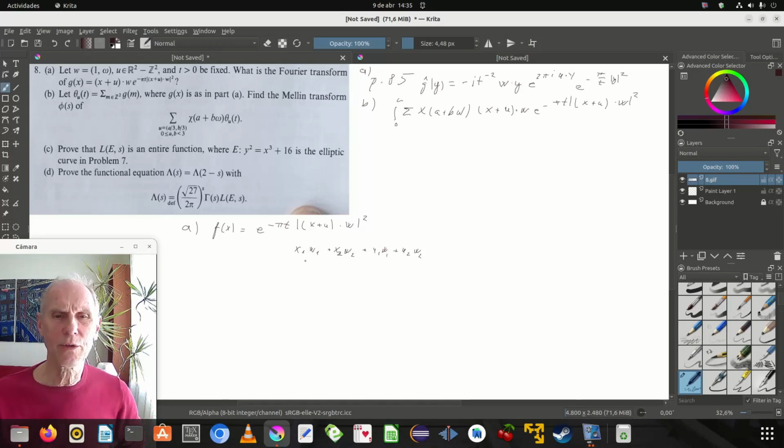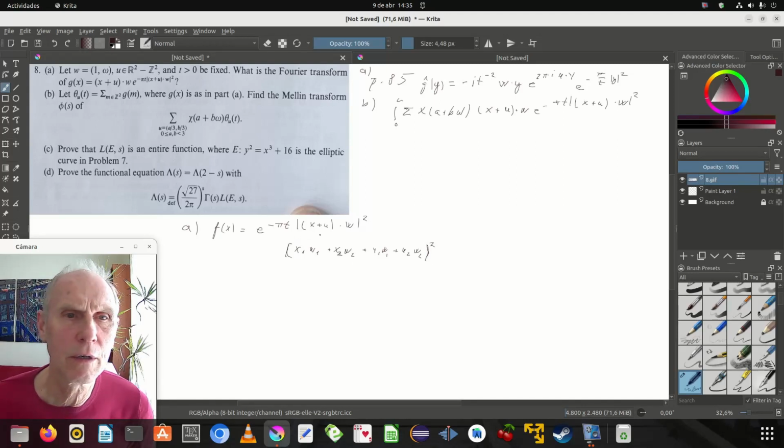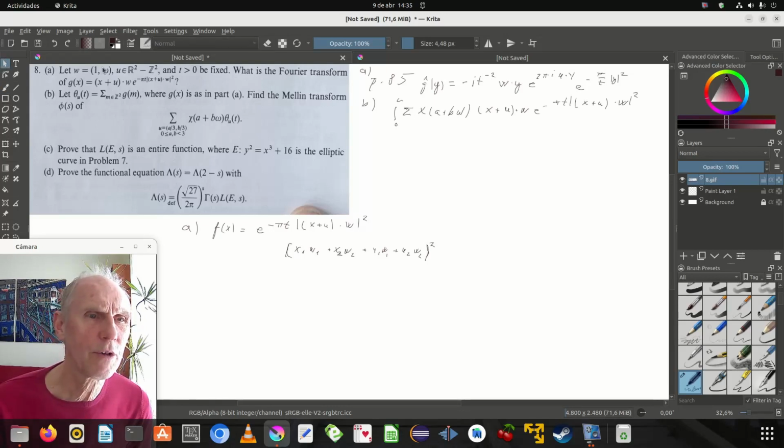And then we must take the norm and square it, or norm the absolute value and square it. And since it's real, it's the same as just squaring it. So I believe this omega should be square root 3.